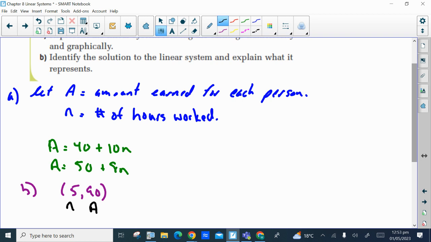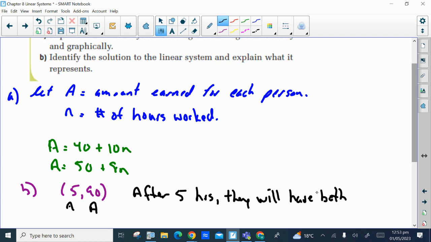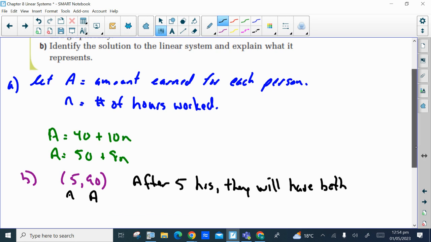So A is dependent on N. N is independent, A is dependent, which means that after 5 hours, they will have both earned $90.